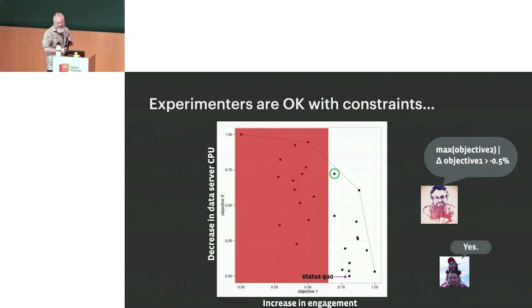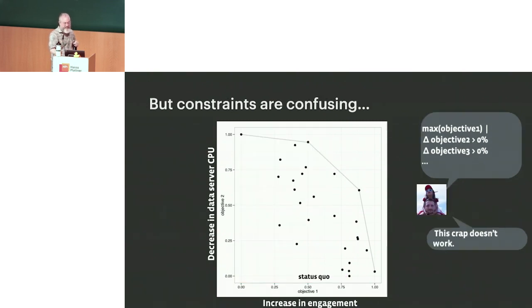Instead, something that makes sense to people is constrained optimization. A lot of the way that people think about this is that they have some primary goal, and then they have secondary goals that are kind of guardrails. But the problem is, once we have a lot of guardrails, the feasible region becomes really small, and they also don't really know how to interpret the guardrail.